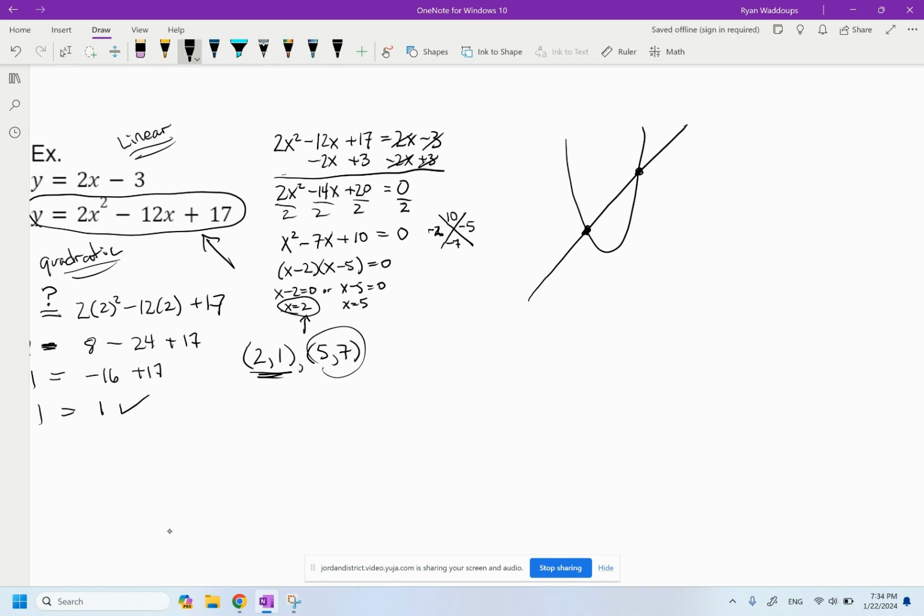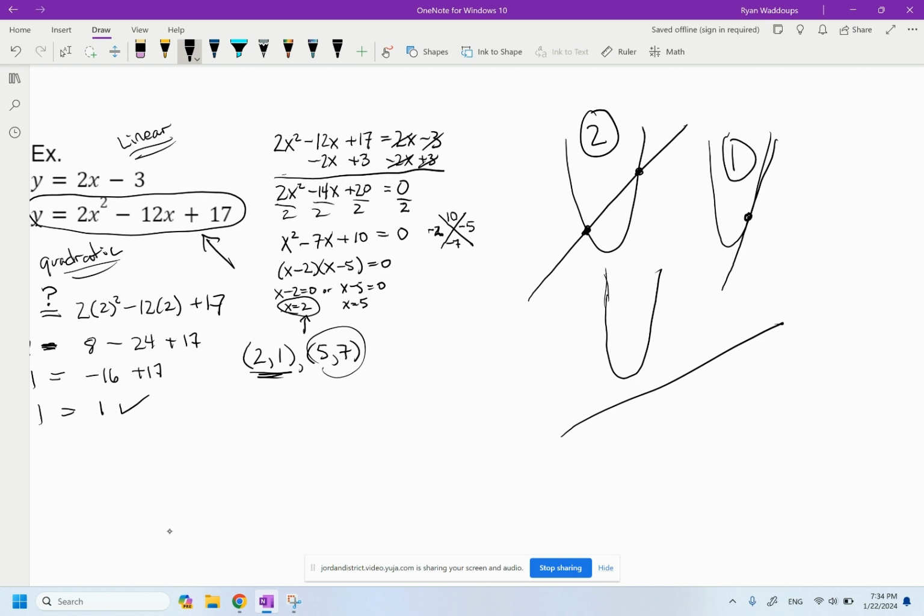You could also have perhaps just one, where it just touches that parabola in one spot. And then you could possibly also have a scenario where you have the parabola here and you have the line that goes underneath it, and they never intersect. And so here we'd have two solutions, here we have one solution, and here we would have no solutions.